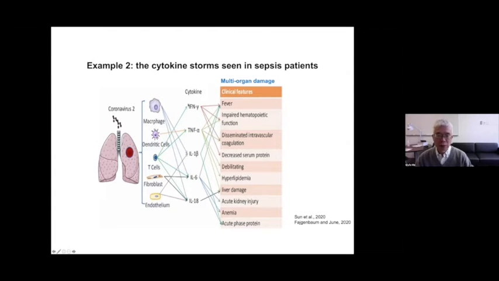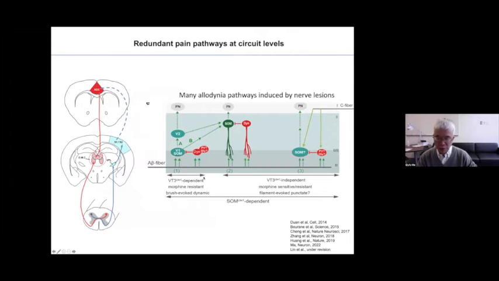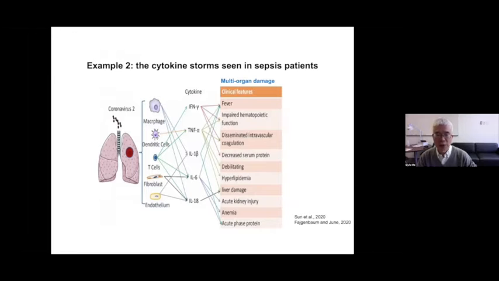And blocking individual cytokines has not yet been able to treat the severe forms of cytokine storm because of redundancy. Just like in the pain field, blocking individual molecules or pathways has not yet been able to handle many of those chronic diseases, because there are just too many pathways that can simultaneously cause organ damage redundantly. So this is a challenge I think we are facing.